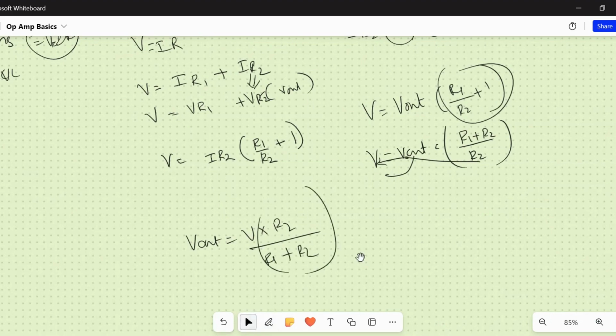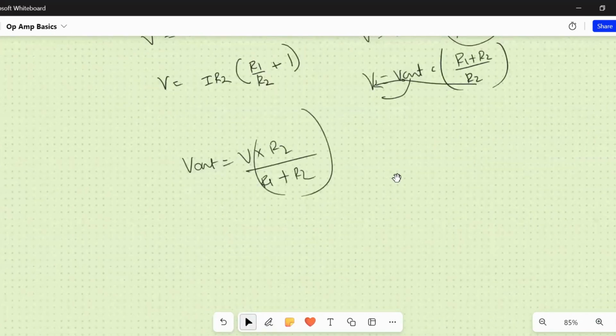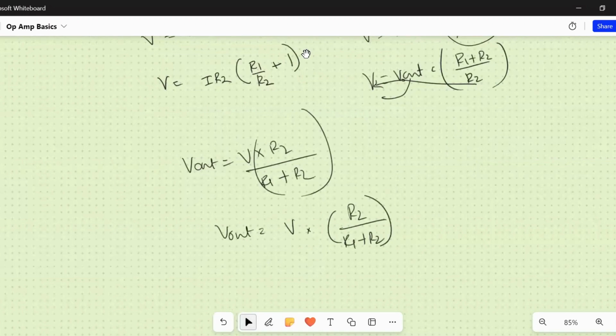You got it now? This is V out is equal to V into R2 divided by R1 plus R2. This is the voltage divider rule.